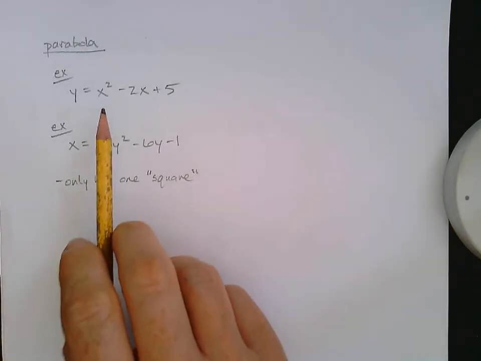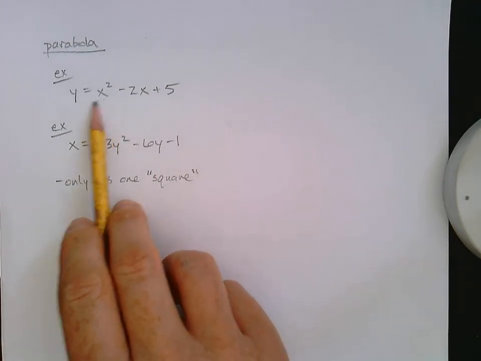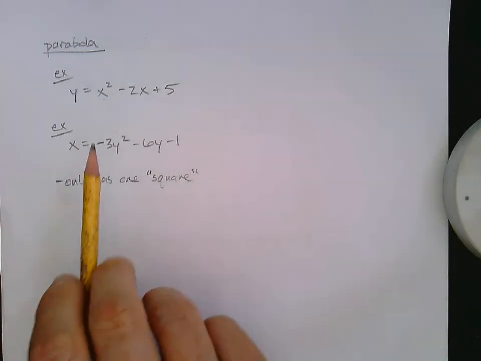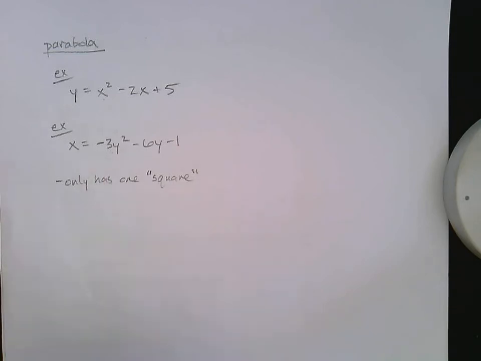But again, if you focus on the squares, you notice that here only x is squared, and here only y is squared. If only one of them has a square, you know it's a parabola. Then, of course, you need to identify, is it opening up versus down or left versus right?